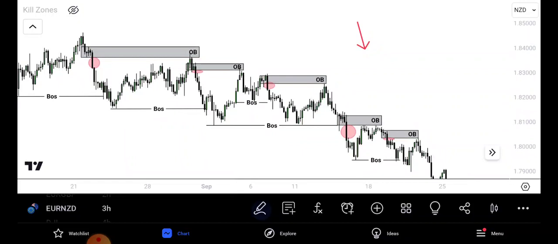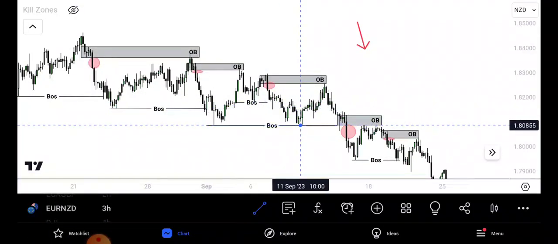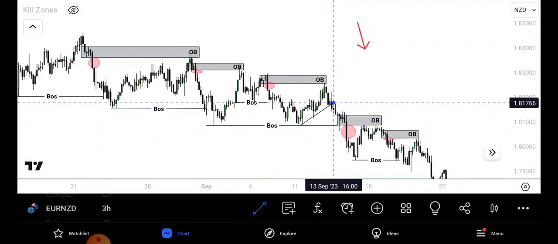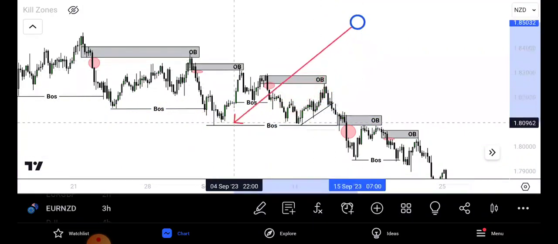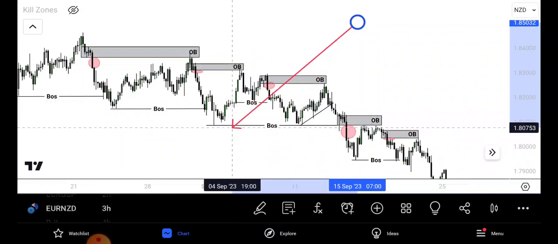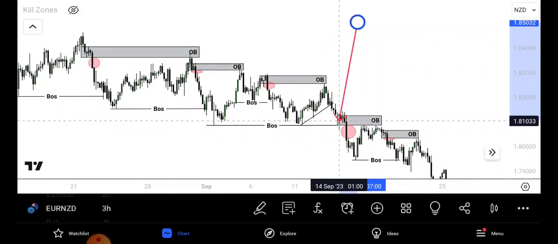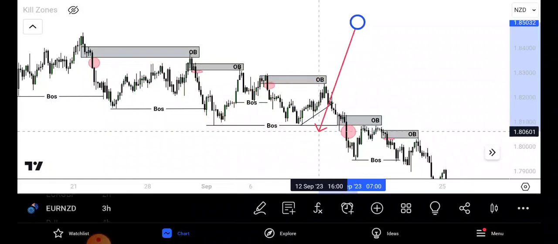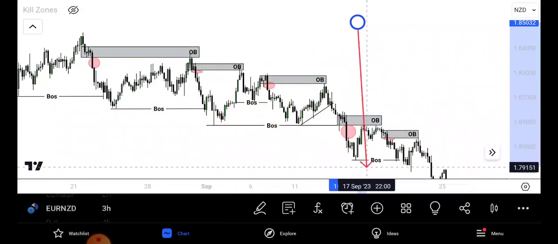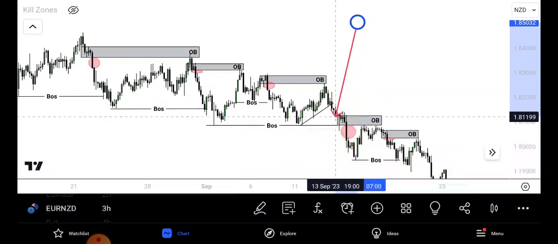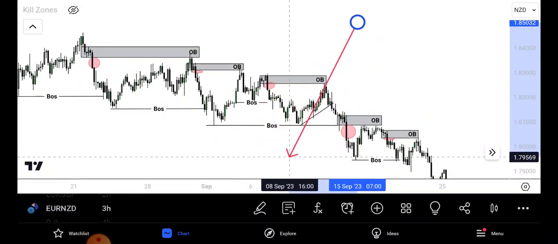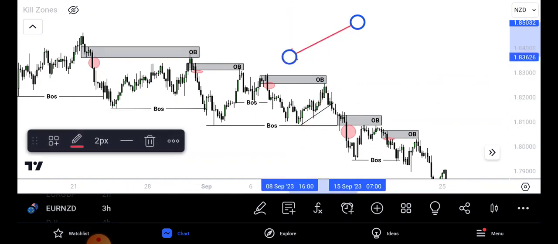We saw our liquidity here, which is first the trend line liquidity, and second the equal low liquidity, and the market took out both. You can see how easy this is. Just look for your simple 4 elements: break of structure, imbalance, order block, and liquidity.